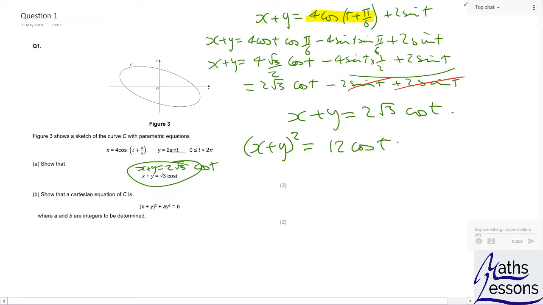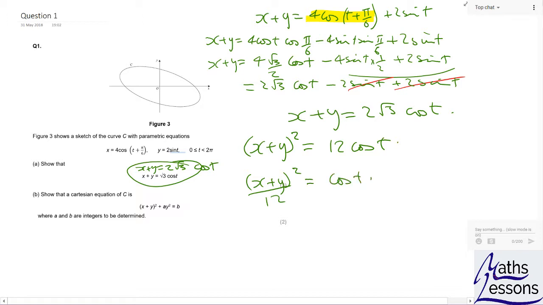So we get 12 cos squared t, and we want an ay squared in there to help us get a constant value. So what we do is we're going to realize that x plus y squared over 12 will equal cos squared t.